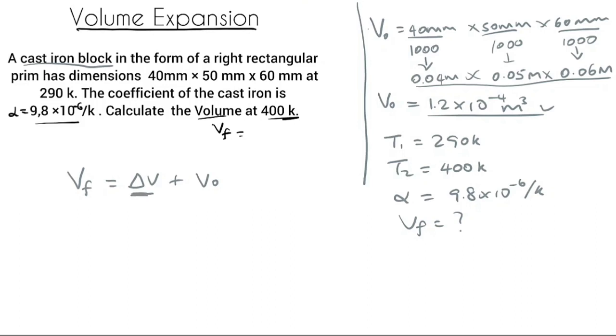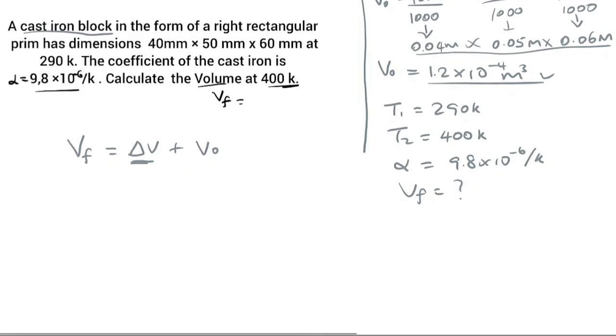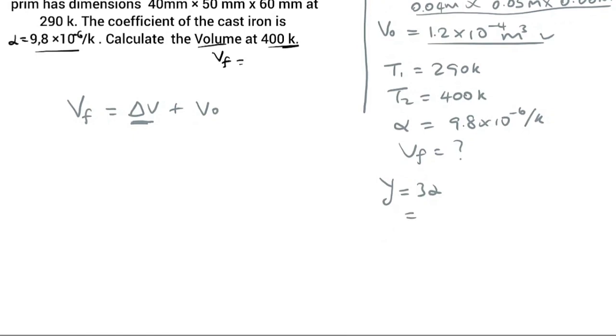But before we find this, we have to find the coefficient for volume expansion. The coefficient of volume expansion is 3 times the linear expansion coefficient. Then we say 3 times the coefficient for linear expansion, which is 9.8 times 10 to exponent -6.